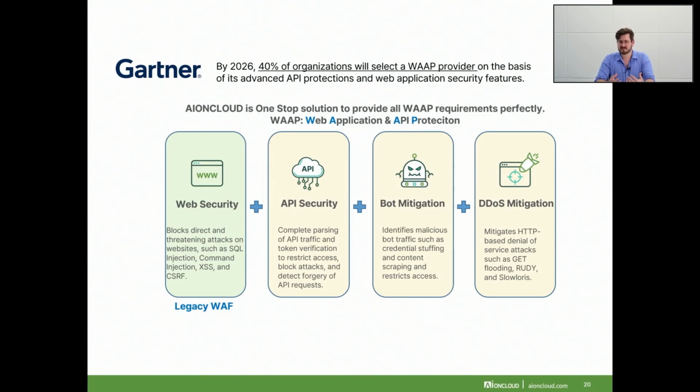Now, Monitor App has packaged our WAAP with optional features such as a CDN, or content delivery network, and website security posture checks, or WSPC, offering a comprehensive website protection suite. With Ion Cloud, companies can confidently expose their services to the internet.